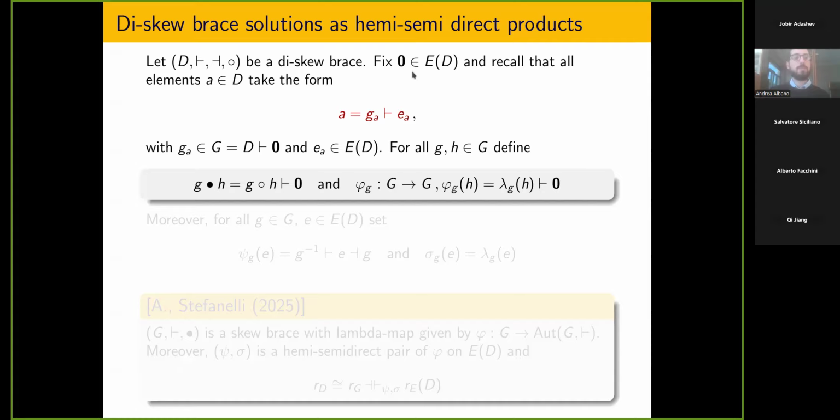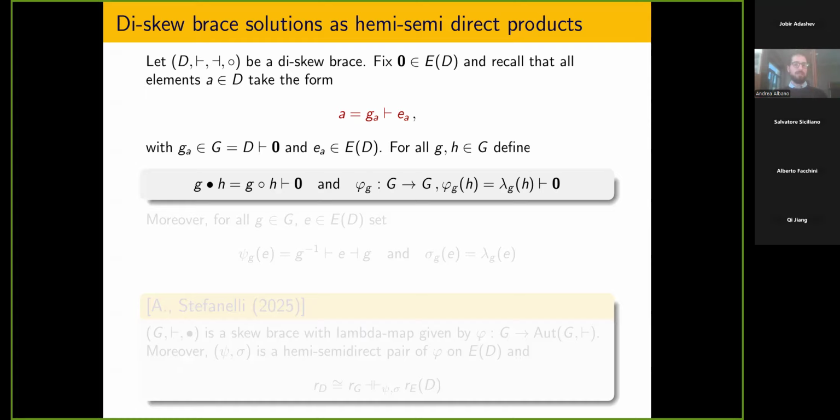Recall that once we fix a zero element, an idempotent in the digroup, then we can write all elements a in this form, where g(a) is the groupal component and e(a) is the idempotent component. It's quite easy to obtain this decomposition, as we have seen before. g(a) belongs to this subgroup, e(a) belongs to the idempotent set again.